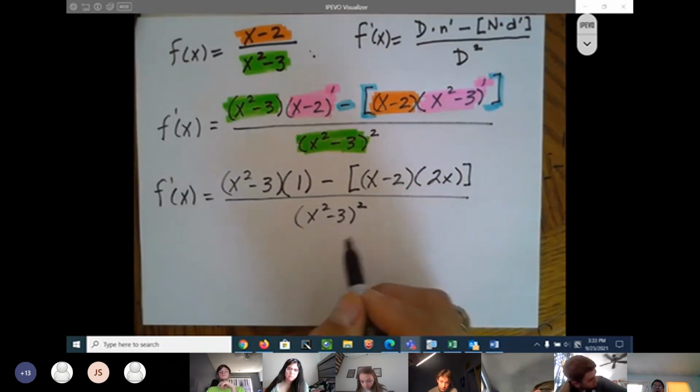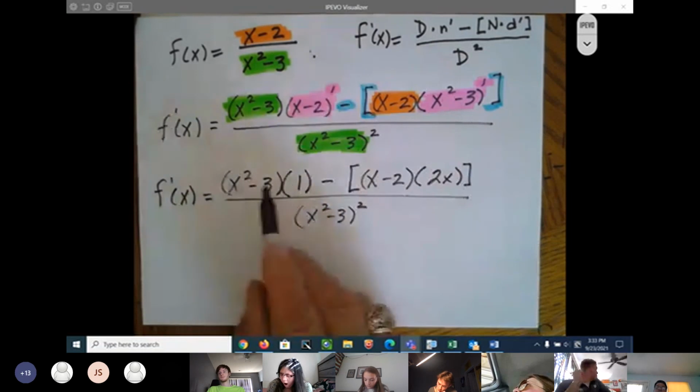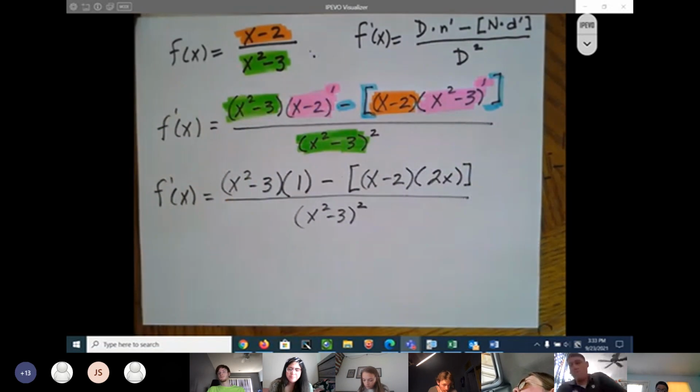Are you worried about the denominator with this problem? No, you are not. Your focus is where? The numerator. You could care less about the denominator unless something cancels out.